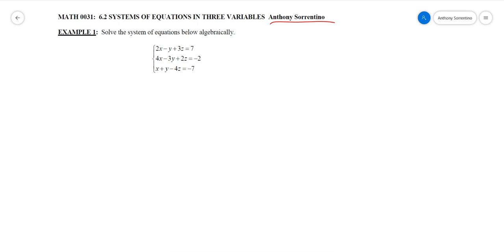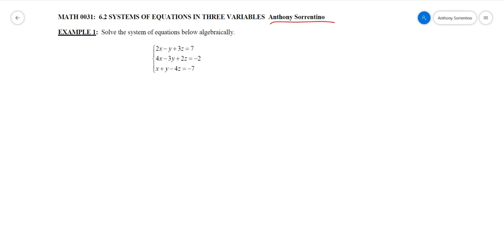Although they should probably say three or more variables, because I think they do try to throw a four equations with four unknowns situation at you in some of the homework problems. Basically the procedure that we used in the first lesson in chapter 6 also works with systems of equations where I have three variables with three unknowns.